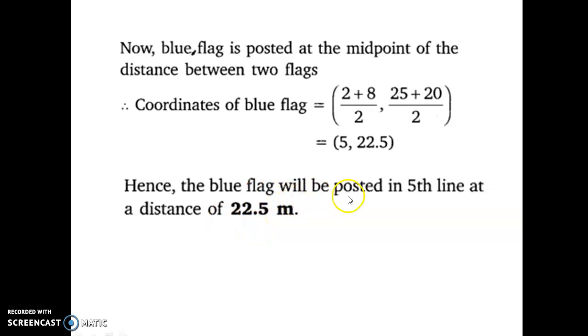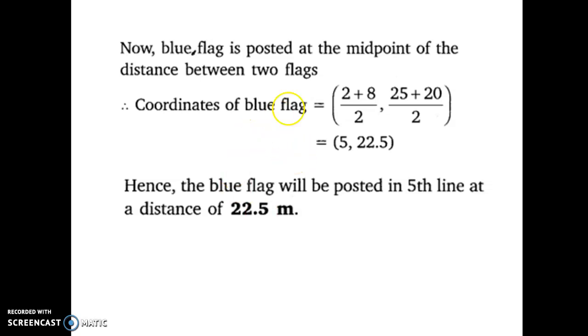So what it means is that she will place it on the 5th line at the distance of 22.5 meters. She should run in the 5th line, and after reaching 22.5 meters, she should place the flag. That's the meaning.